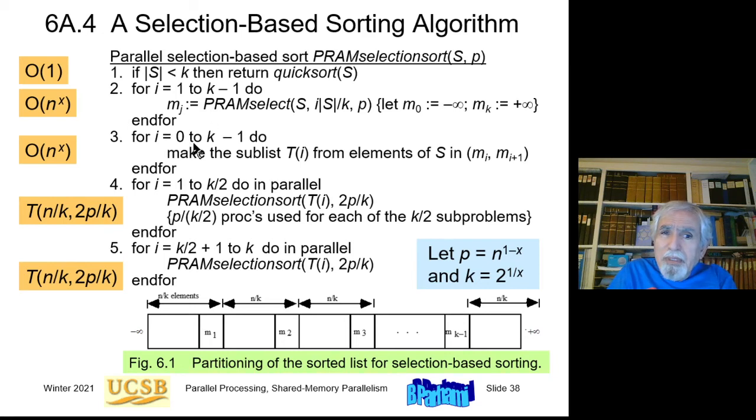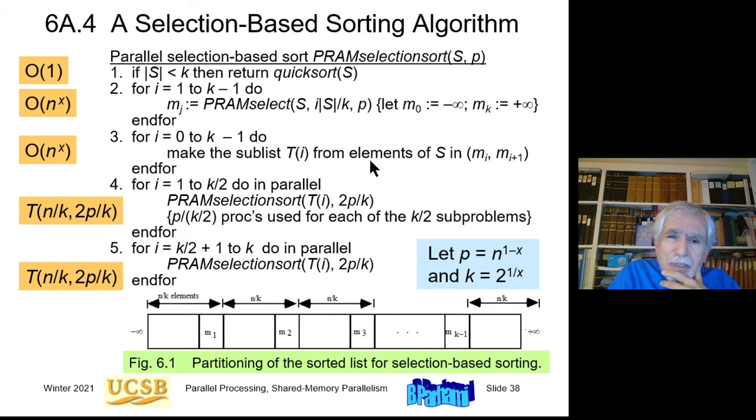Then for i equals 0 to k minus 1, make the sublist Ti from the elements of S in the range Mi to Mi plus 1. So this will be the sublist T0, this will be the sublist T1, T2, T3, and Tk minus 1.